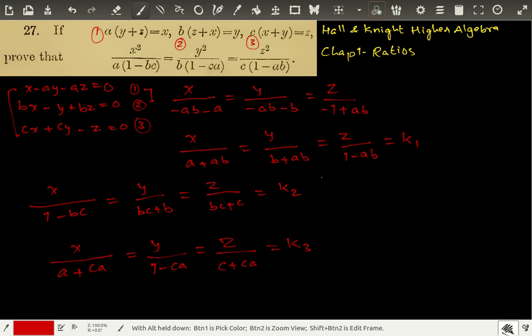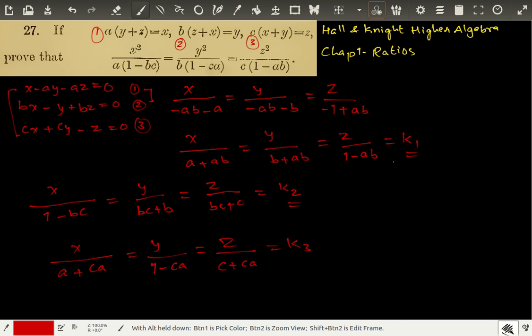So now we know that x over 1 minus bc is over here, which is also over here. So let us multiply K2 and K1.